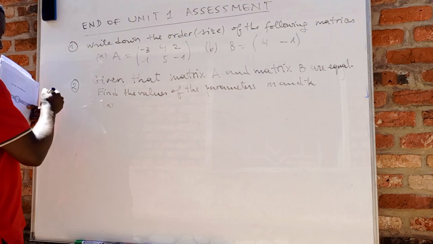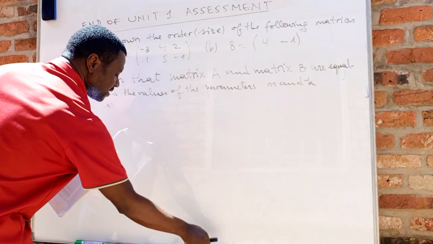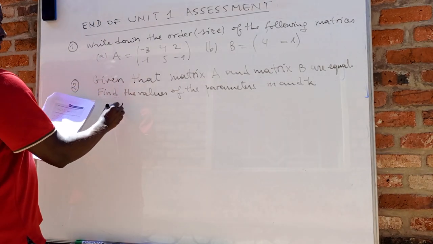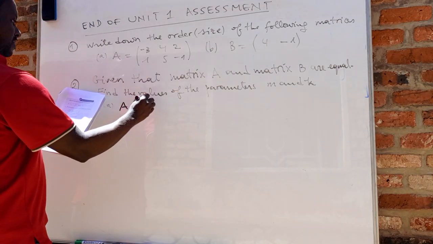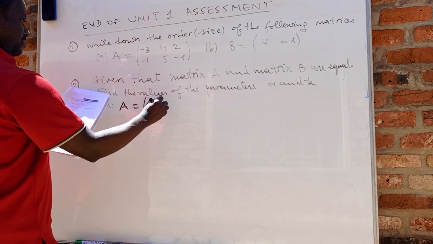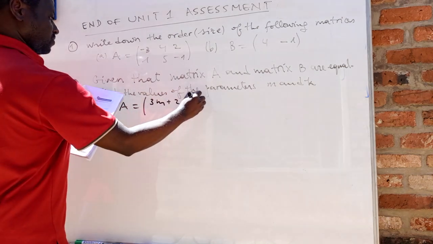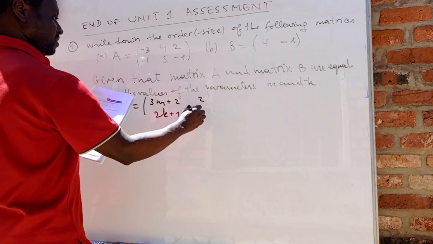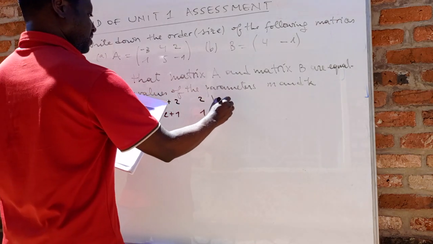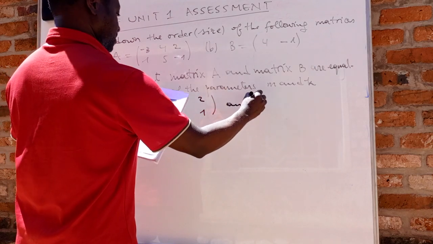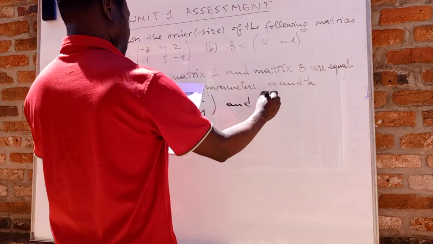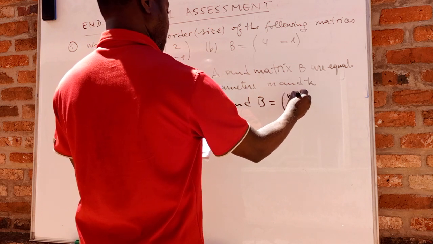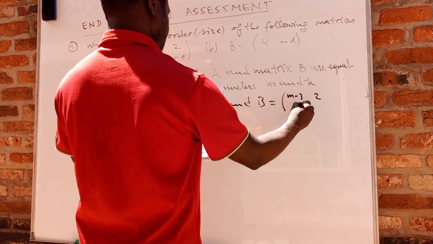So question A: A is 3M plus 2, 2K plus 1, and B is equal to M minus 3, 2, 5, 6.